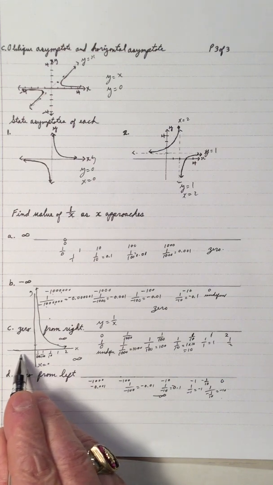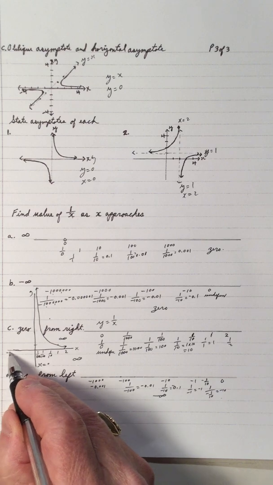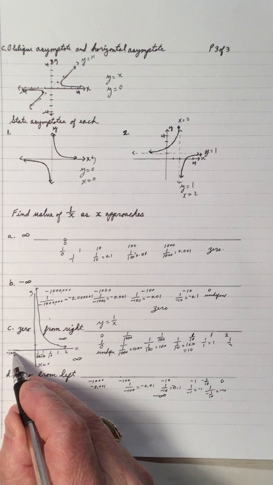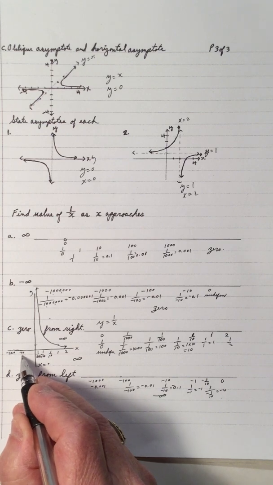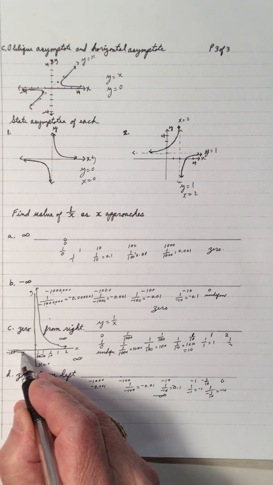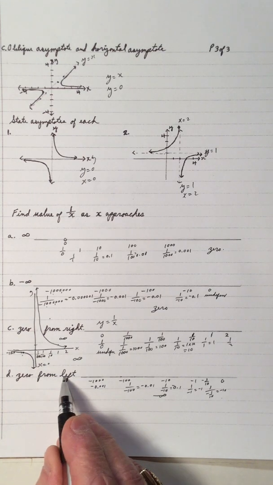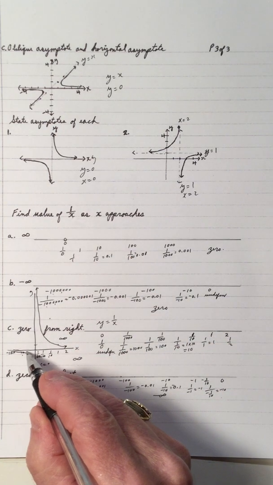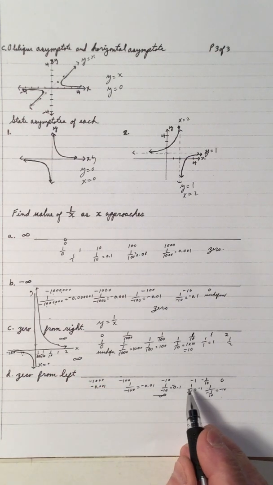So as you approach 0 from the left on this expression, the closer you move to 0 on this side, the more it goes down to negative infinity, verified by these numbers.